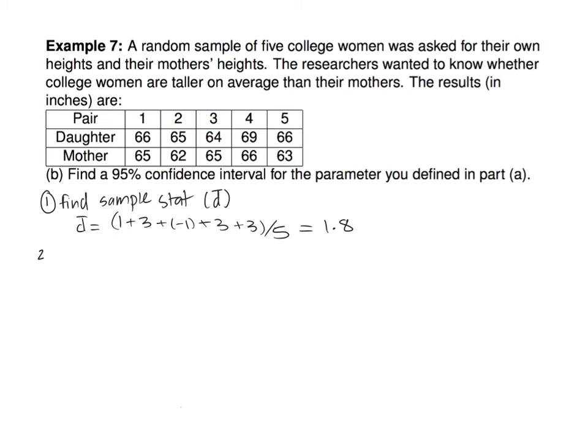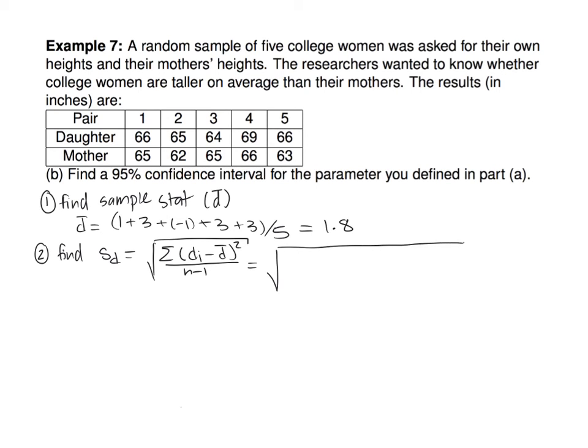Next, we have to find the sample standard deviation, which is given by the sum of (di minus d bar) squared divided by n minus 1, and then that big old thing square rooted. So writing down what that is, big old square root sign. We take our sample values minus the mean, square them.